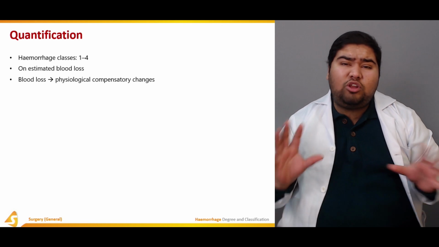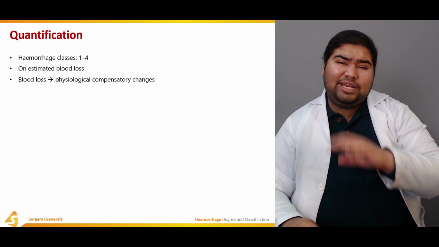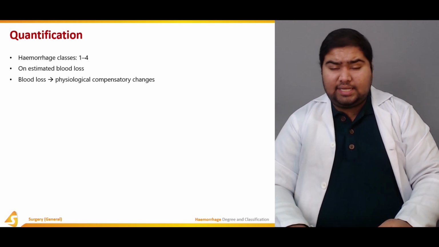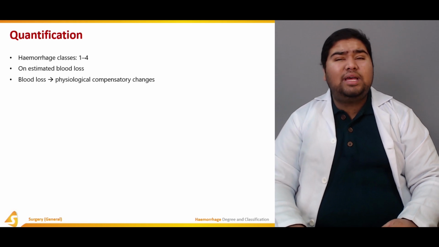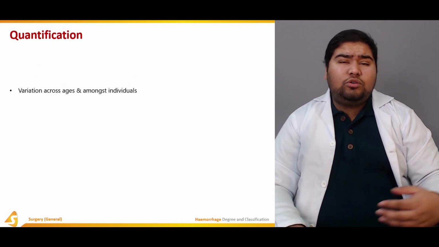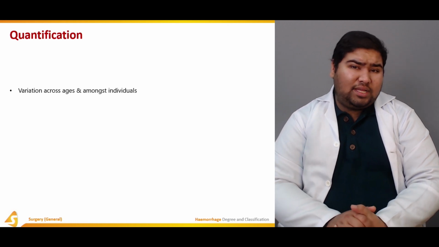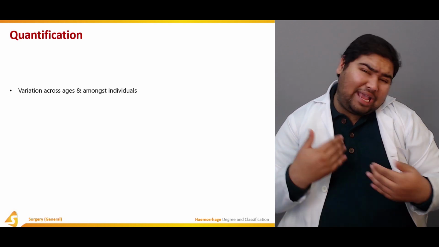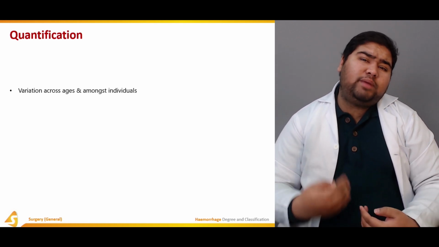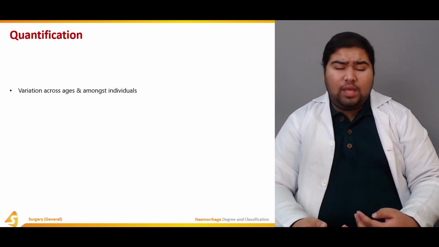So there are physiological mechanisms that are activated by blood loss, so that initially the body can compensate itself. However, once the compensation fails, the hemorrhage actually develops. There's variation across ages and amongst individuals. So my body might respond to hemorrhage one way, and your body might respond to hemorrhage another way.